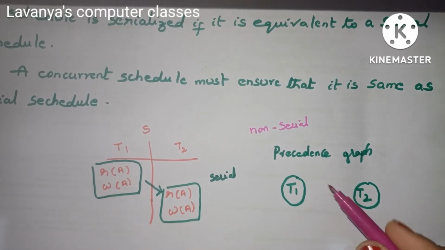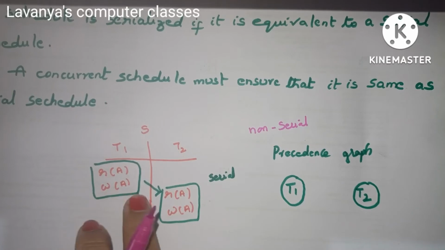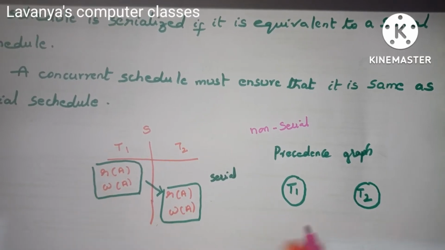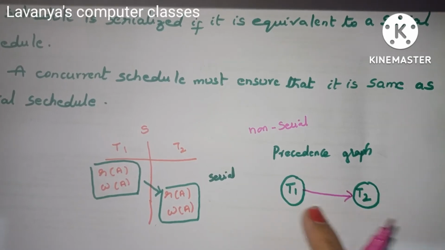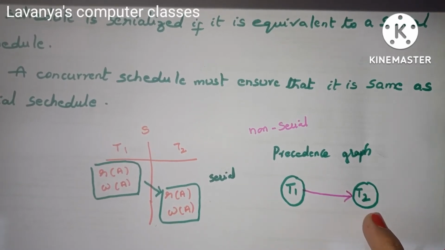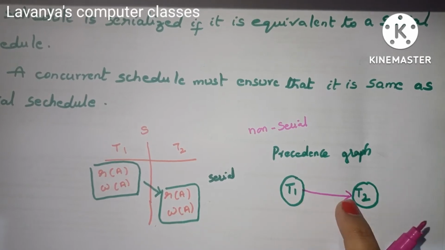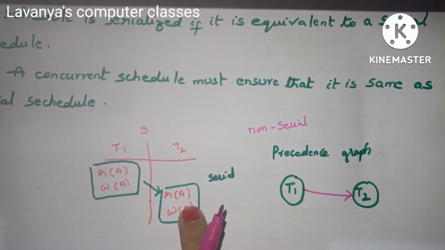T1, then T2. So we draw an edge. An edge is the order of execution of the transactions. In this example, first we execute T1, then T2, so we draw a directed edge from T1 to T2. This is the precedence graph of a serial schedule.